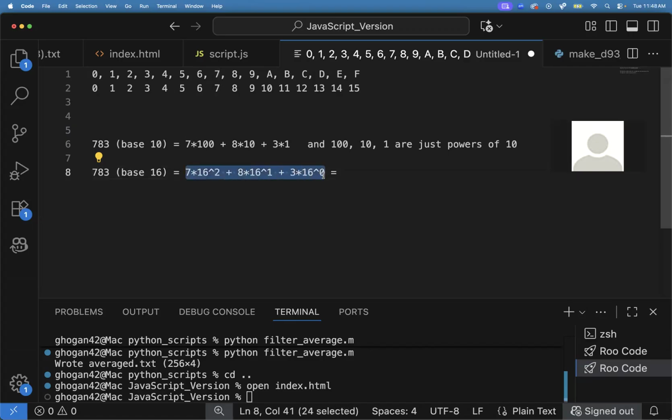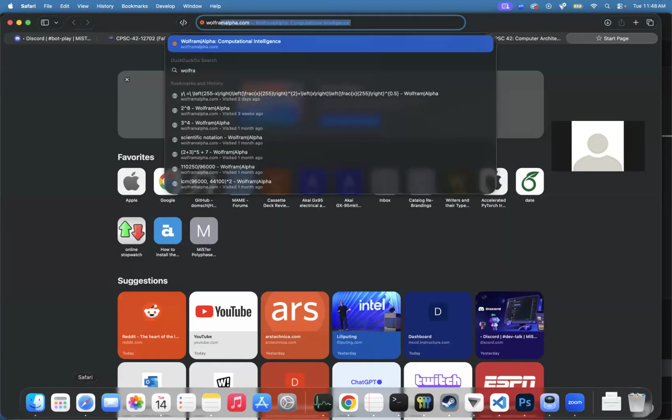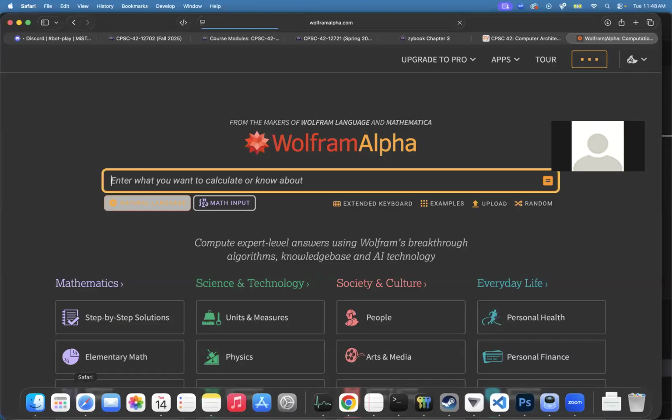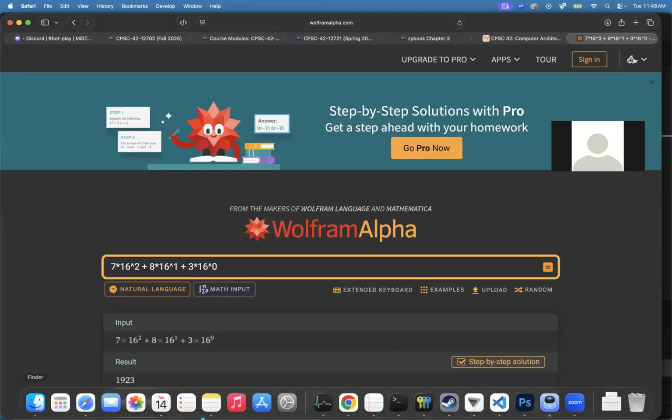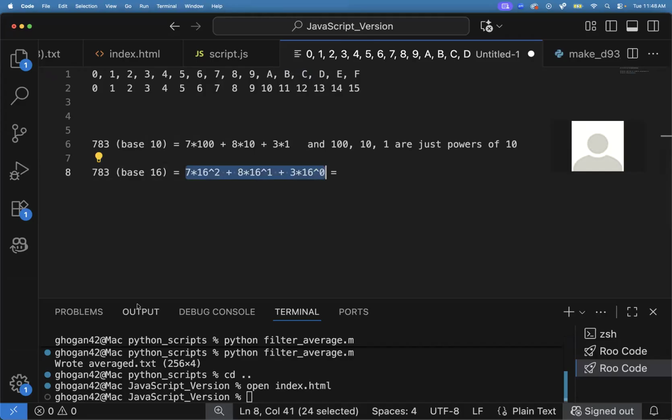3 times 16 to the 0, 8 times 16 to the 1, 7 times 16 to the 2. And you punch this into a calculator, which we can just jump over to Wolfram Alpha or something and put that in. And we get 1923. So that's what it would be in base 10. So 783 base 16 is actually 1923 in base 10.